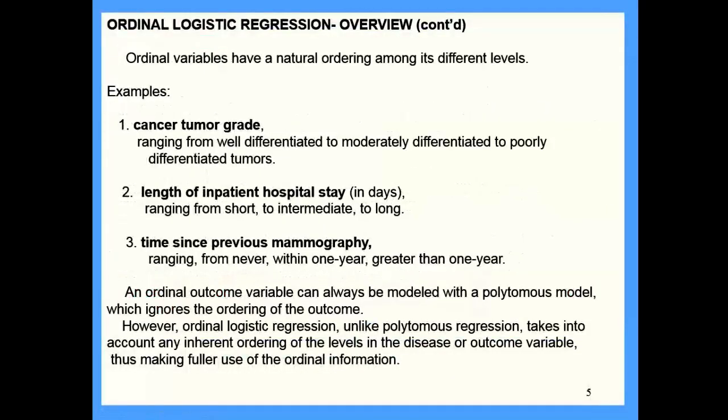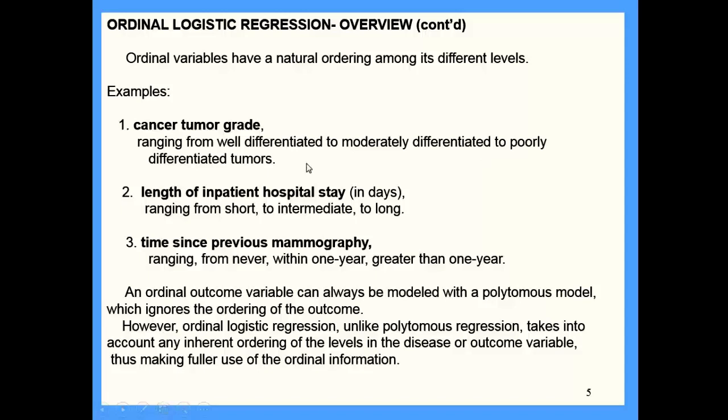Anyhow. Now, let me just say a little bit more about ordinal regression models. Ordinal variables, when we talk about an ordinal variable, again, it has a natural ordering. Here are some examples of an outcome that's ordinal. Cancer tumor grade. Maybe that's your outcome, ranging from well-differentiated to moderately differentiated to poorly differentiated tumors.